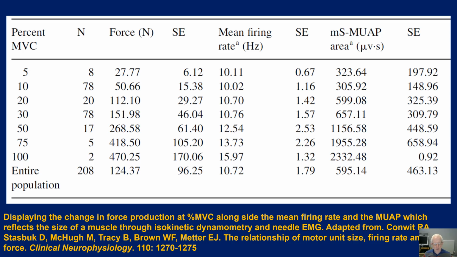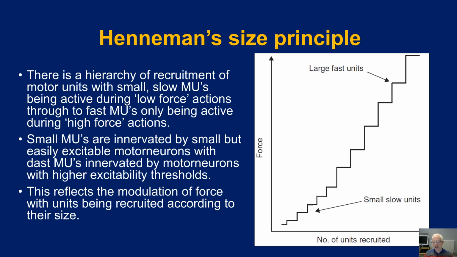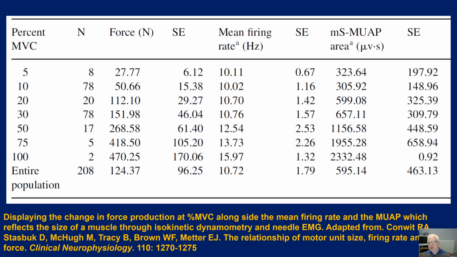Well, we can. Remember that what we're talking about in our previous example here is the size of the units. So if you look here at the second to last column, you've got what is referred to as the MUAP. This is their abbreviation for the size of the muscle unit.